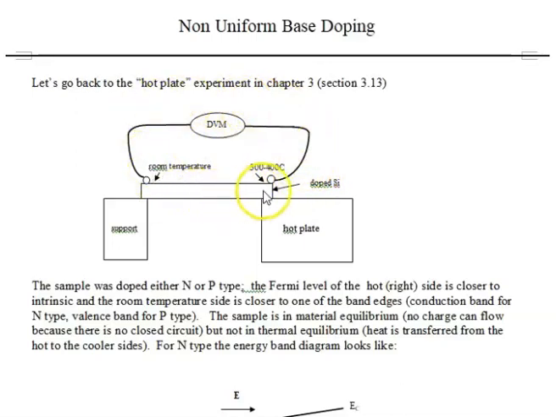So there is no charge that can flow between the left and the right edges. However, it is in non-thermal equilibrium because there's a hot side and a cooler side. So there is a heat transfer, not temperature, between the hot and the cold.